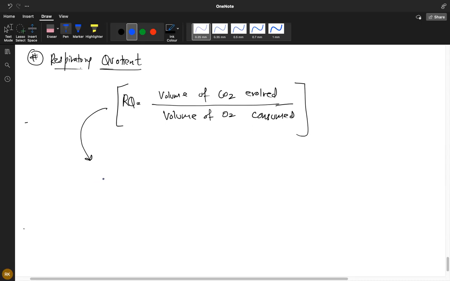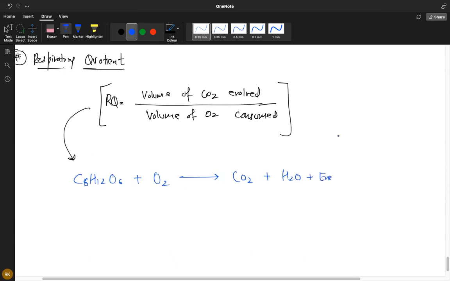Aerobic respiration. Glucose, C6H12O6 plus oxygen gives CO2 plus water plus energy, right? Is it clear? Am I correct? Or am I missing something?